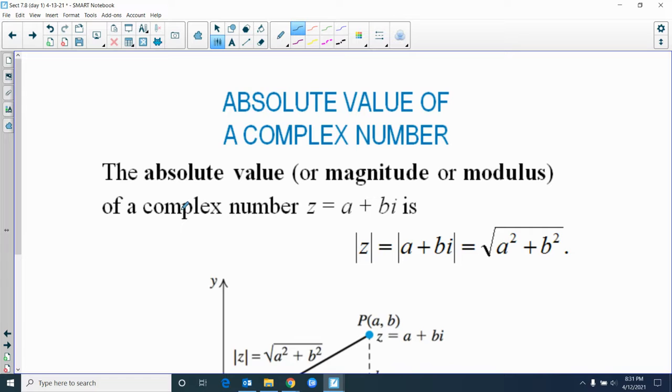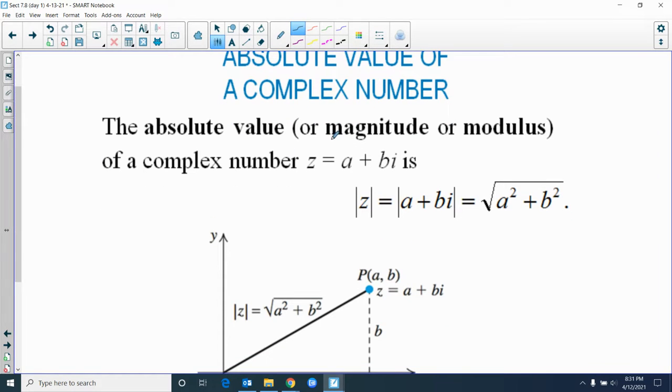Okay, the absolute value. It's sometimes referred to as the magnitude, and we've already dealt with magnitude a lot this chapter, or a new term, modulus. So the absolute value is synonymous with the modulus.